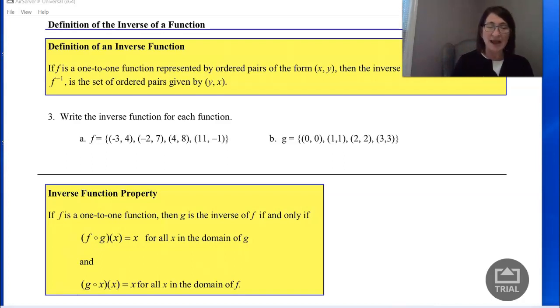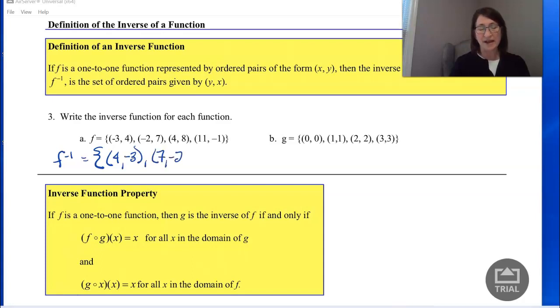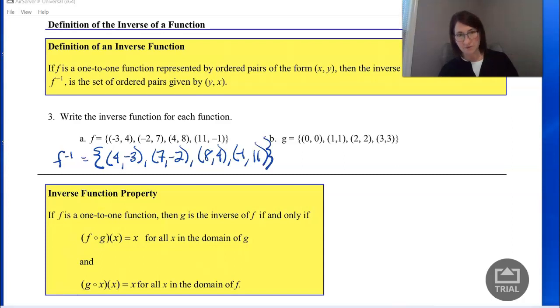So I've got f of x, and for my inverse, it'd just be f of negative 1. My first ordered pair would be (4, -3). Then I've got (7, -2). Then (8, 4). Then (-1, 11). Close my brackets.